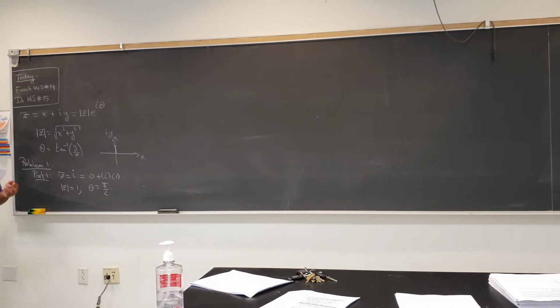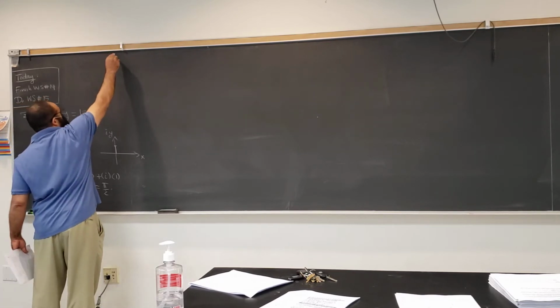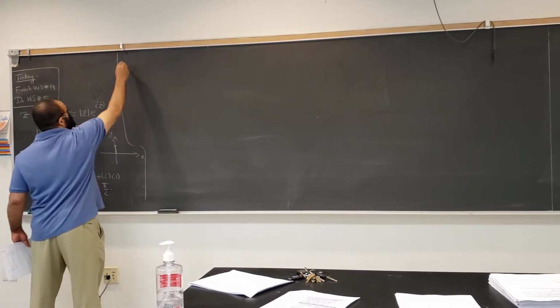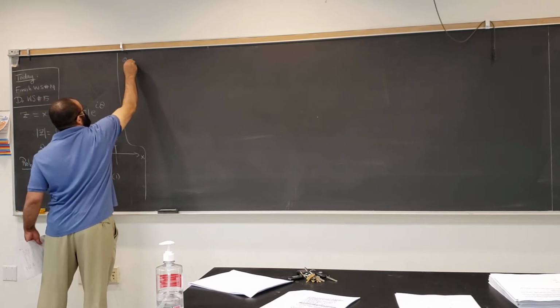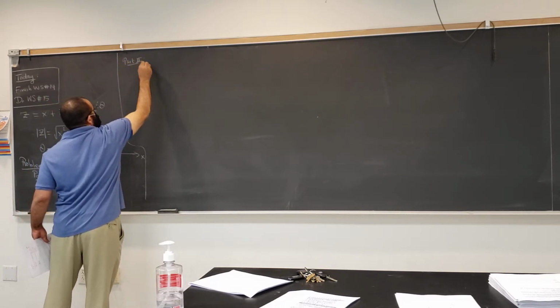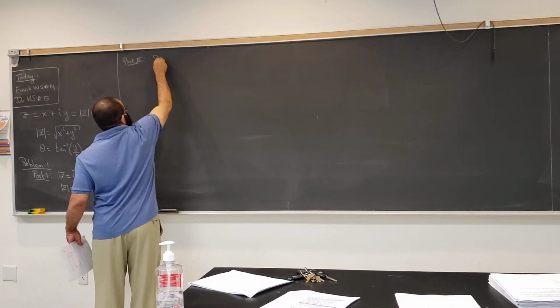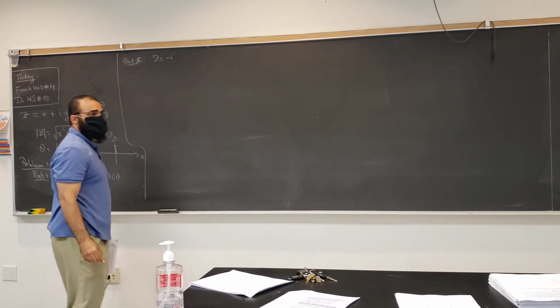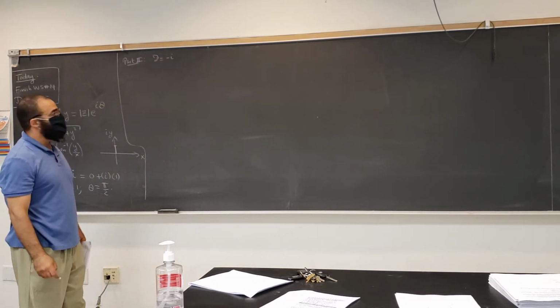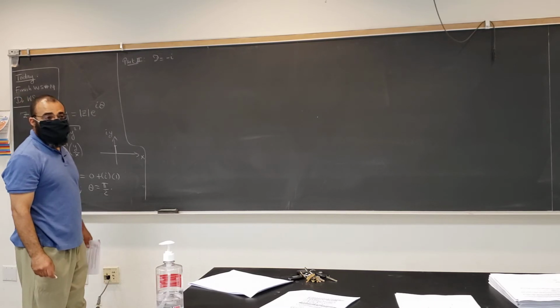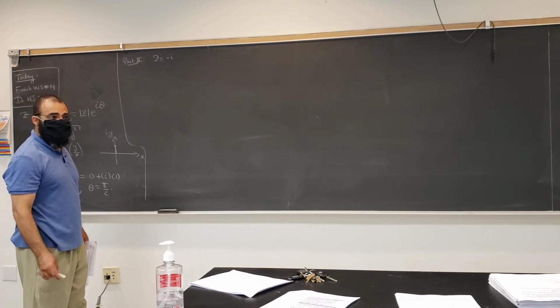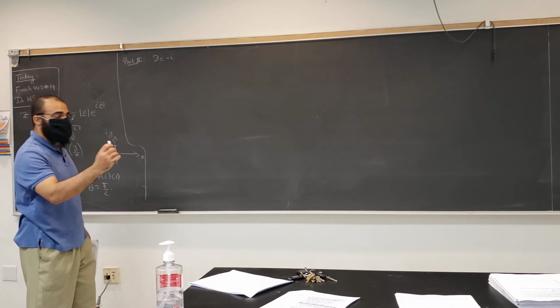Okay. Any other questions? How about part 2? If z is equal to minus i, the easiest way probably is just to plot it. Sometimes it's easier to plot when you have purely imaginary or purely real numbers.